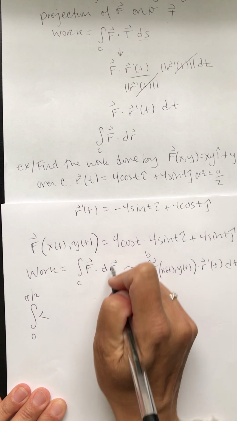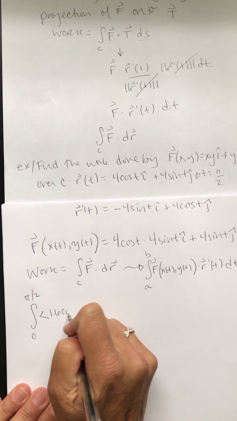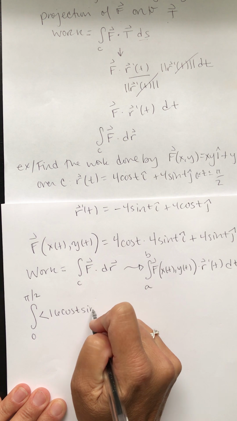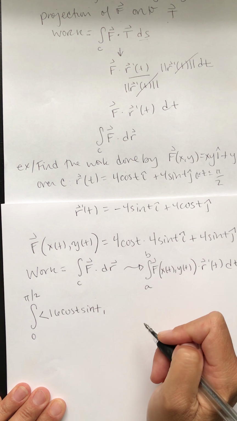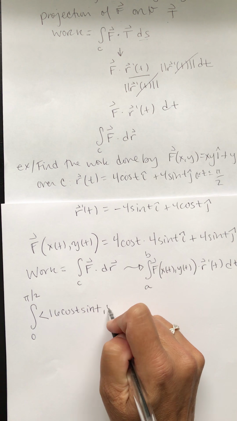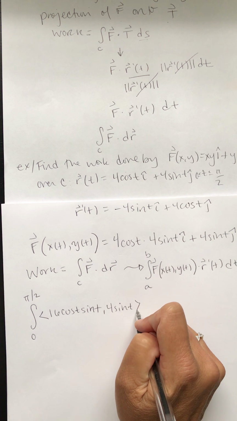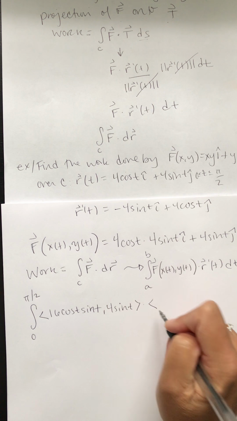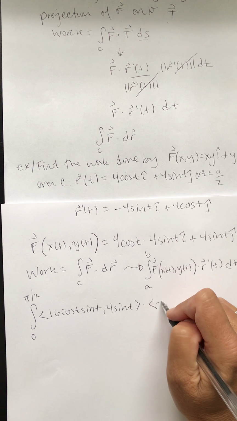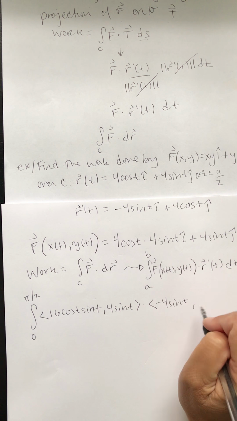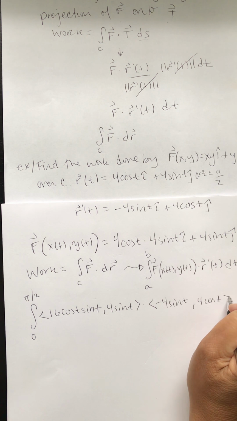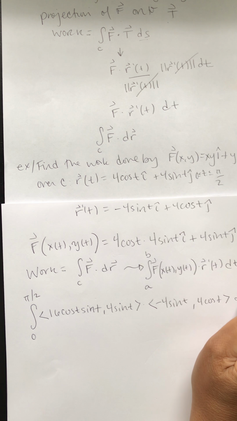So this is going to be (16 cos t sin t, 4 sin t) dot r'(t), which is (-4 sin t, 4 cos t), all dt.